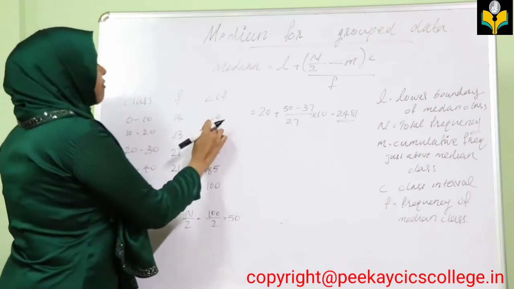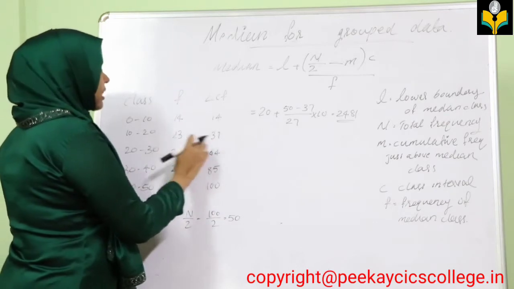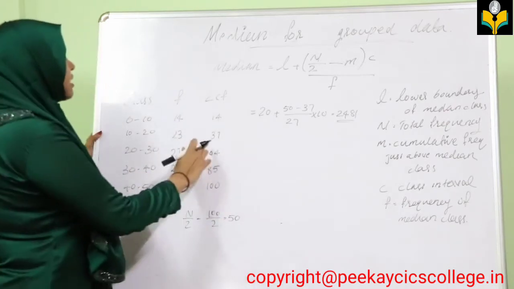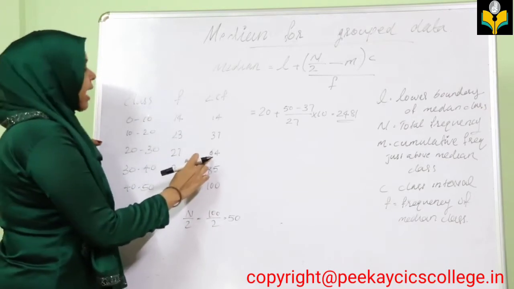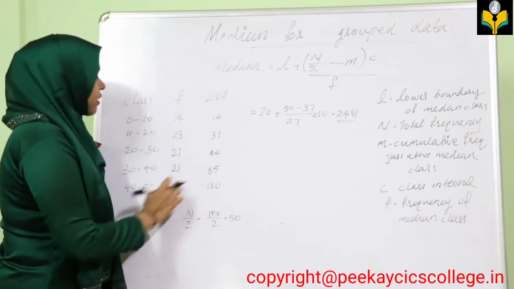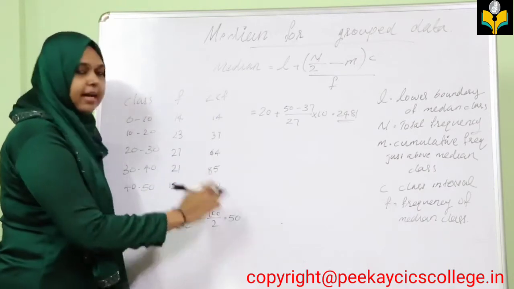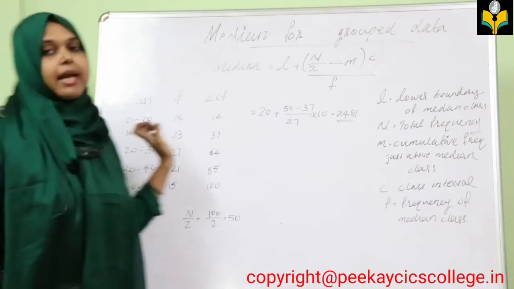Then add 23, so 14 plus 23 is 37. Next 37 plus 27 is 64, 64 plus 21 is 85, and 85 plus 15 is equal to 100.